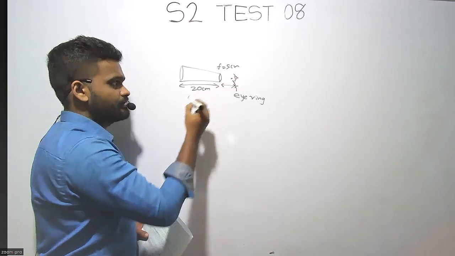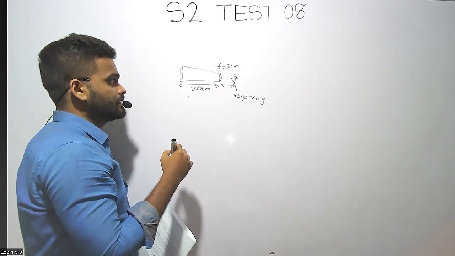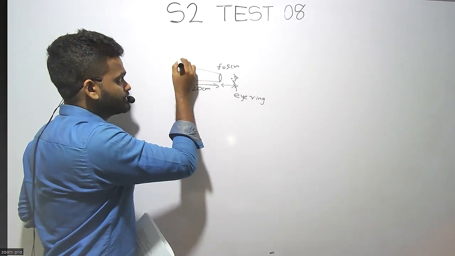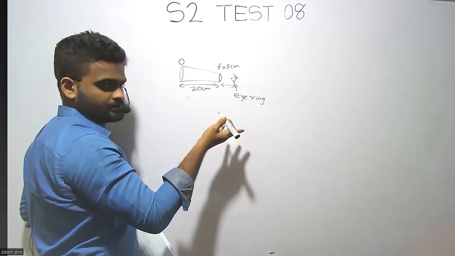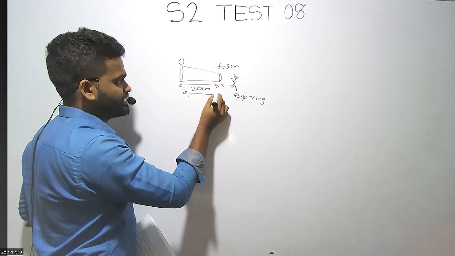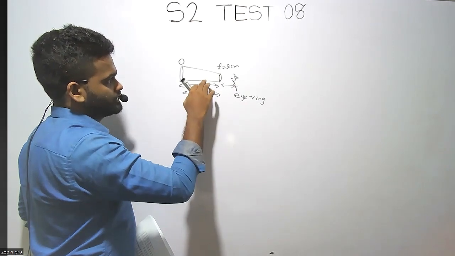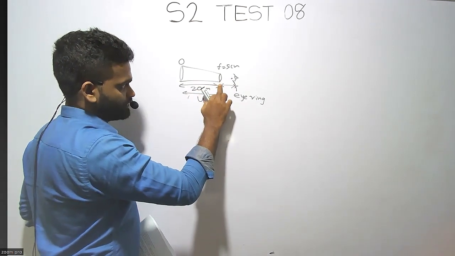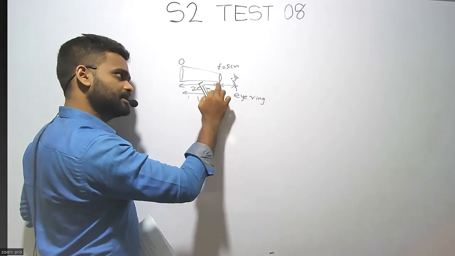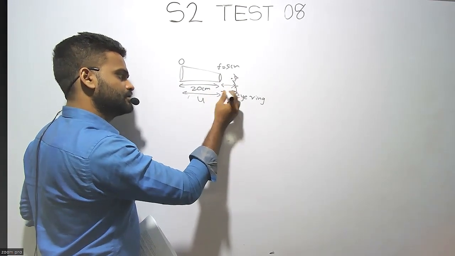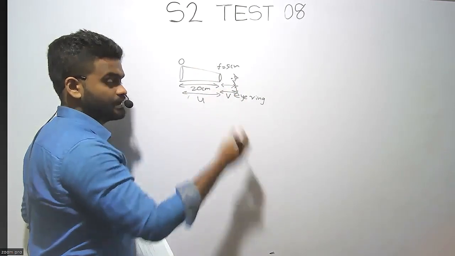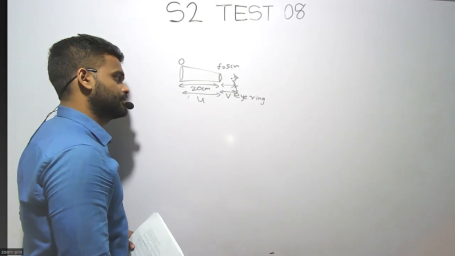There's an easier way to find the eye ring. The thing is, you need to think of that objective lens as the object. So this is the object distance. Then eyepiece forms an image of the objective lens at the eye ring. So this is V. Then you can just find V. That is the position where the eye ring is.